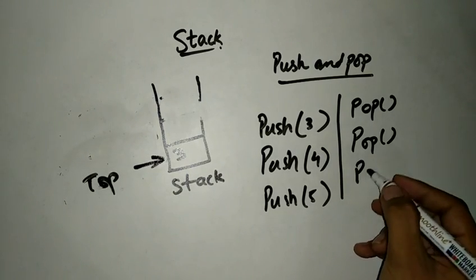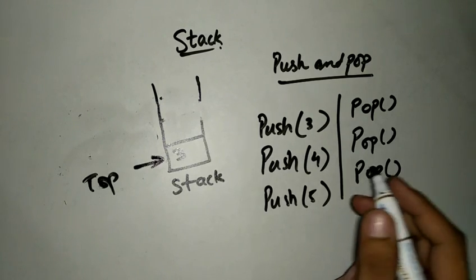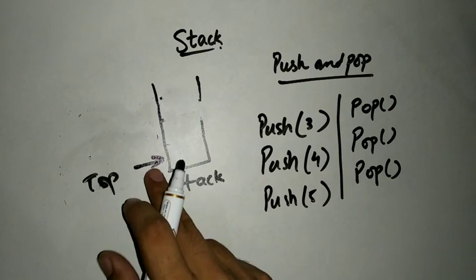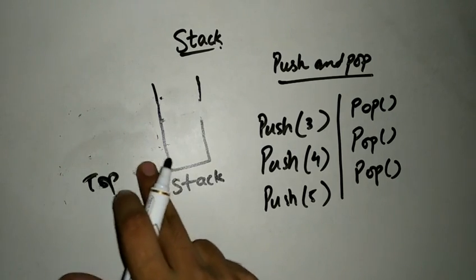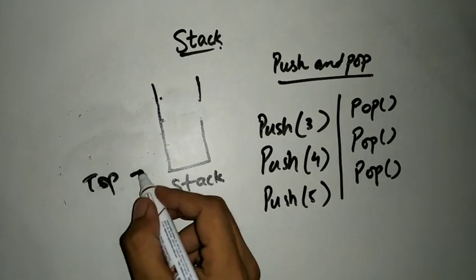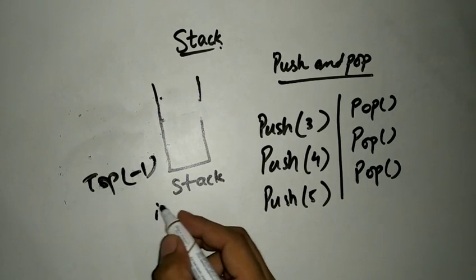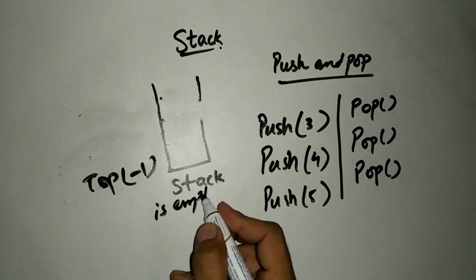Again if we perform pop, then 3 will be removed and top becomes -1. That is, stack is empty. Stack is empty right now.